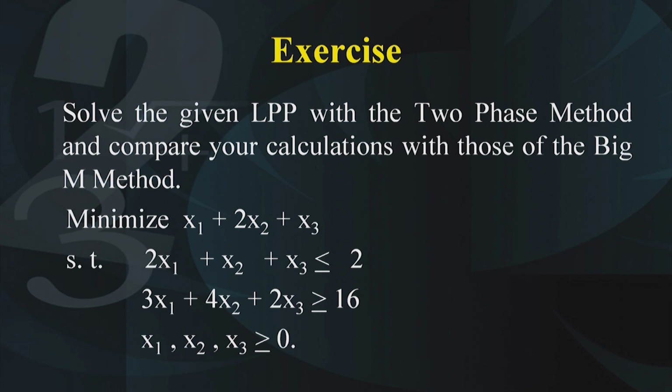The problem is minimization of x1 plus 2x2 plus x3, subject to two constraints: 2x1 plus x2 plus x3 less than or equal to 2, and 3x1 plus 4x2 plus 2x3 greater than or equal to 16, and x1, x2 and x3 have to be greater than or equal to 0.